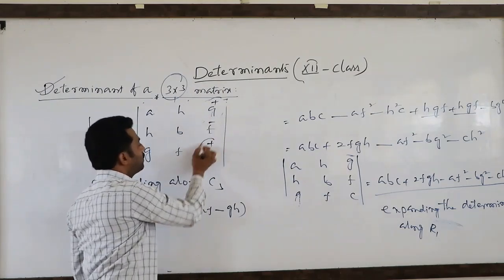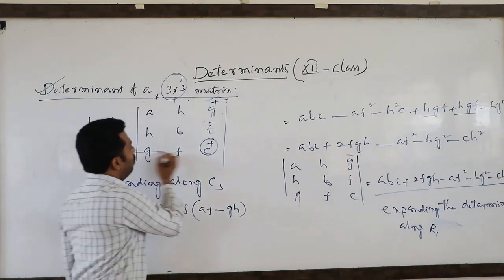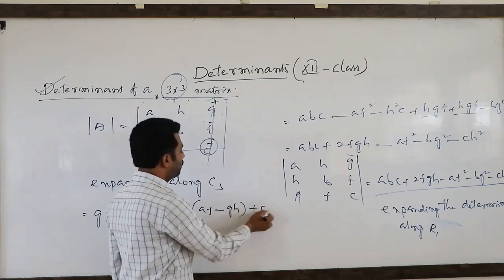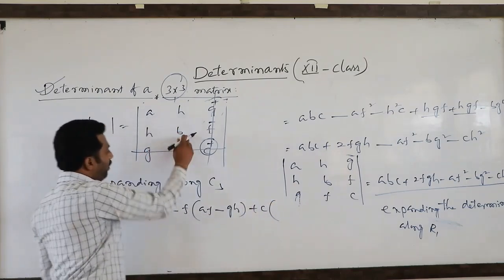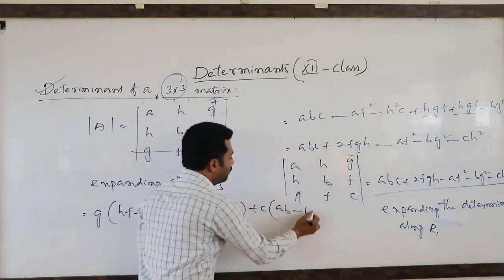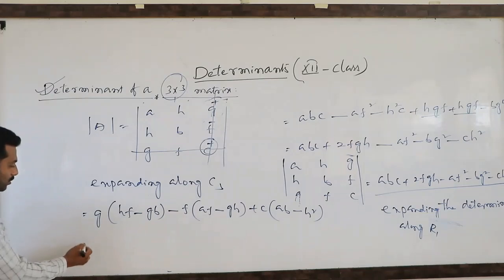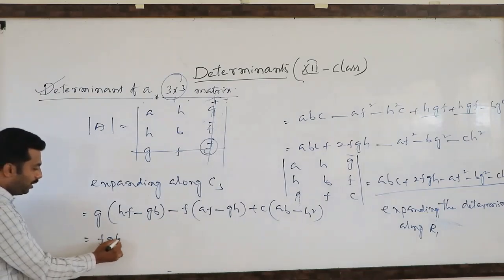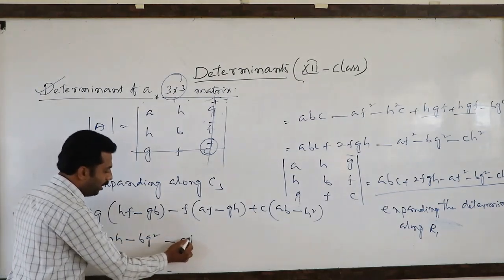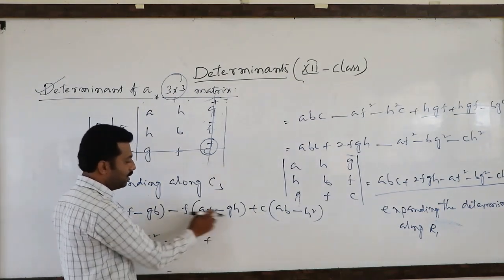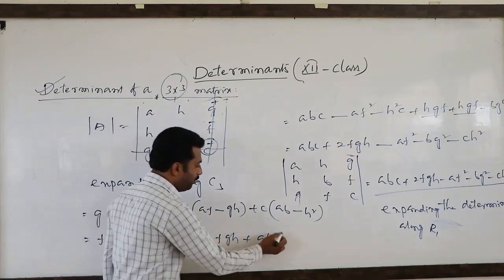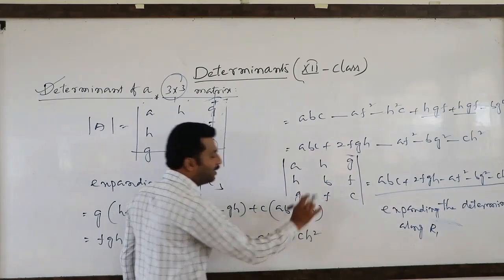Next, the third element. You close the corresponding row and corresponding column. So finally, that is plus C into AB minus H square. You see here, FGH minus BG square minus AF square plus FGH plus ABC minus CH square.